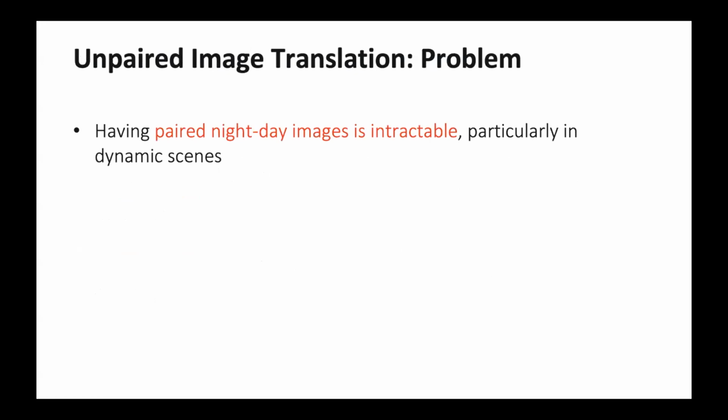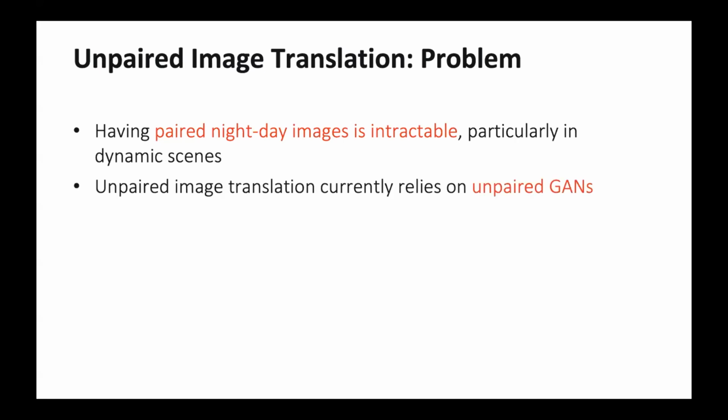And the question here is, we understand now that night to day translation is important for many different applications. But the problem is how we can translate it properly, because paired night-day images are also not available. It's also intractable to find, particularly in dynamic scenes.